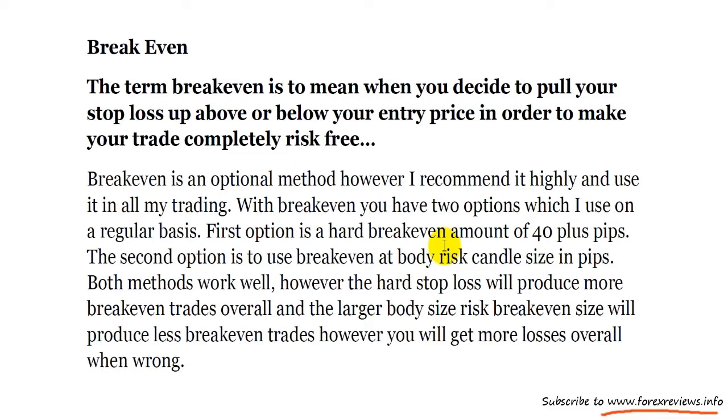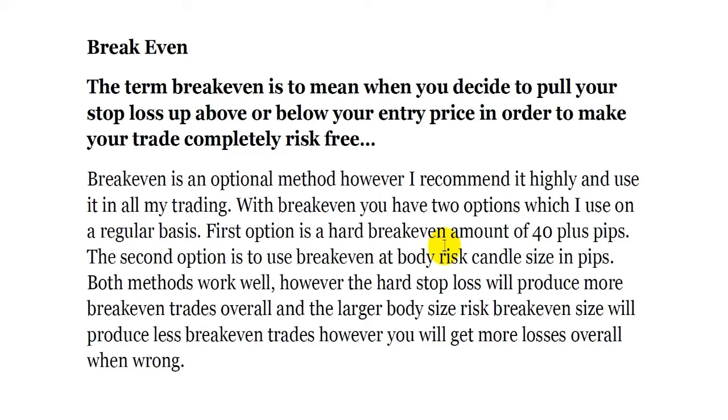What you'll find is with the smaller break even amount of 40 pips, you will get more break evens. The other option of a break even at the body risk candle size, which I'll show you an example of in a minute, you'll get fewer break evens, but you will get a few more losses. Both methods work well.